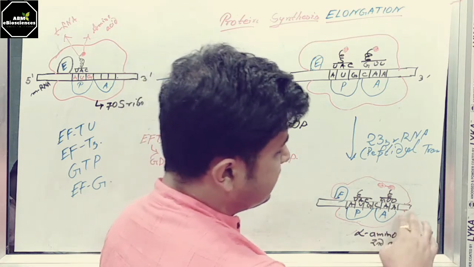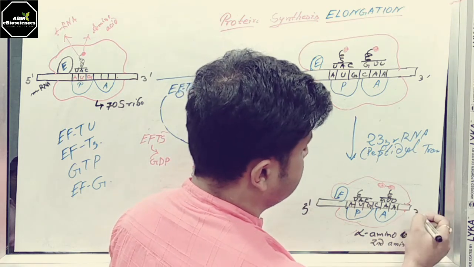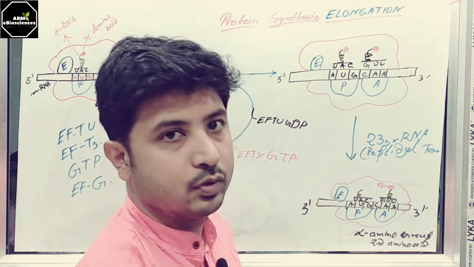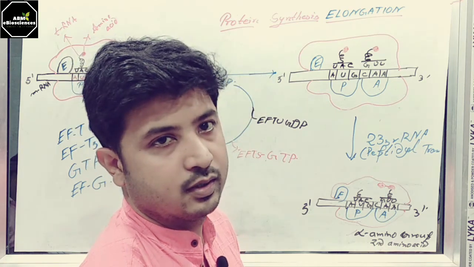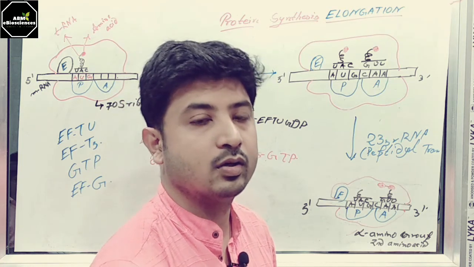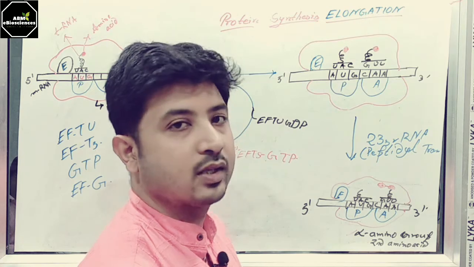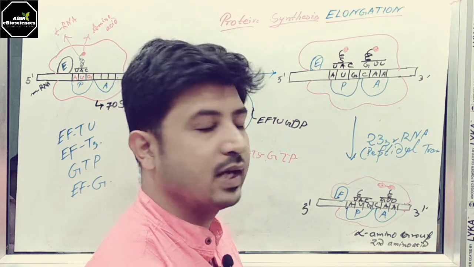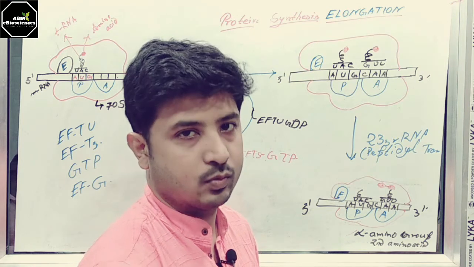Now you can see there is no site here to be bound again. So the ribosome needs to translocate, or you can say walk, from one codon to another codon. The mechanism of the ribosome is to walk from one codon to another codon.